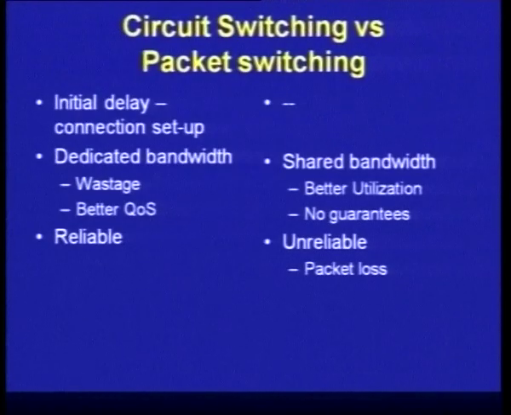Now because of unreliable communication, what we mean is we could have packet loss, you have delays and you have out of order delivery of packets. So all these have to be contended with when you are looking at packet switching. Okay. Now when we look at data transfer, for the kind of characteristics of data transfer which typically happens to be bursty, we find that packet switching offers us a better overall performance in spite of the fact that you have unreliable data transfer.